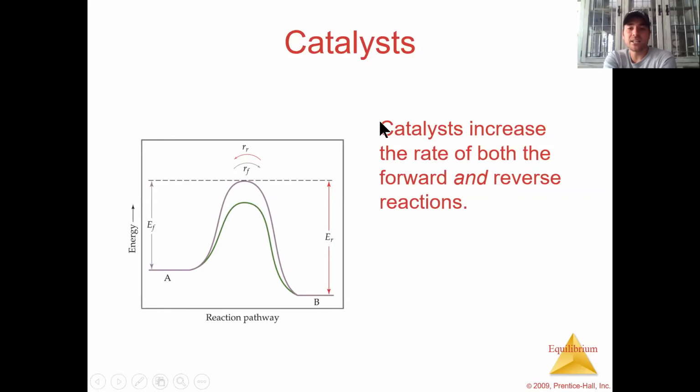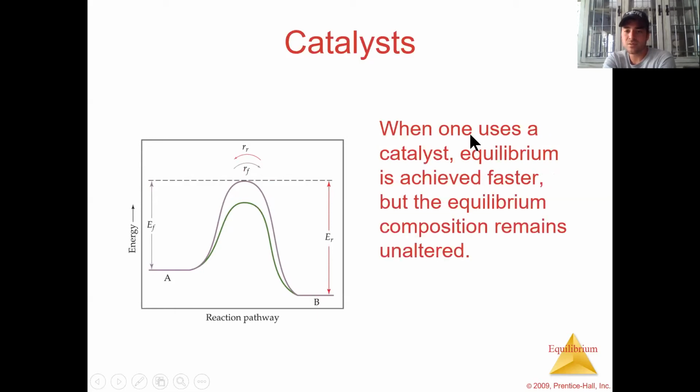But know that the only thing a catalyst changes is that we will get to equilibrium faster, but it won't change the concentrations that we have at equilibrium. When you achieve it faster, the equilibrium composition remains unaltered. So again, the only thing that a catalyst does related to equilibrium is that we get to equilibrium quicker. And that's it.